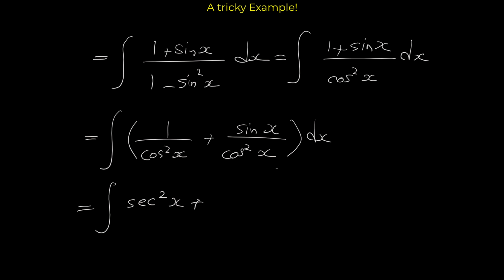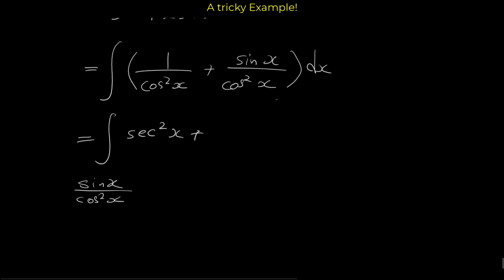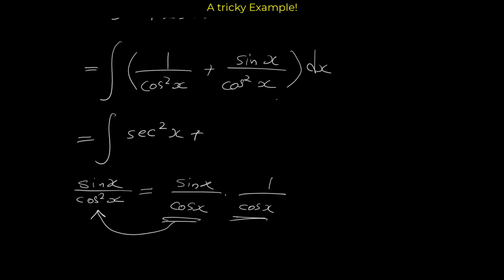For sine over cosine to the 2, please attention, we have sine over cosine to the 2. For this, you can write it as sine x over cosine x times 1 over cosine x, because cosine times cosine would be again cosine to the 2. What is this?